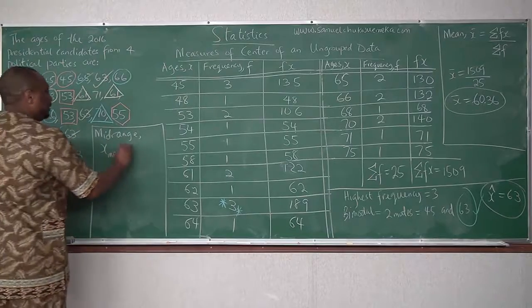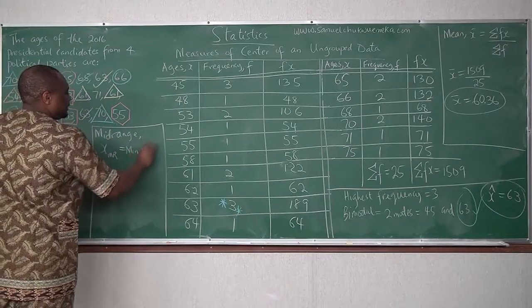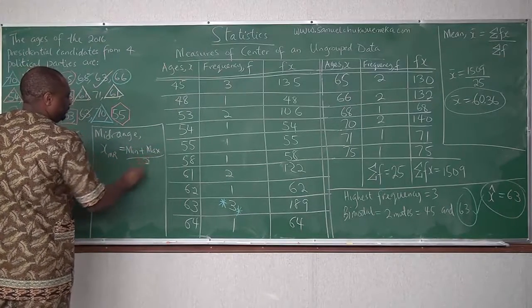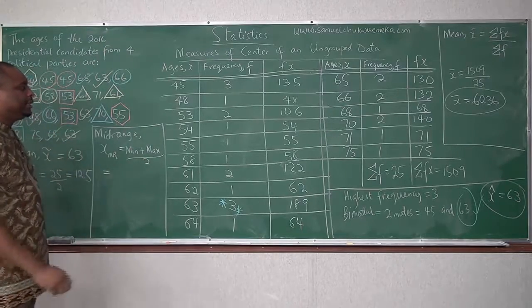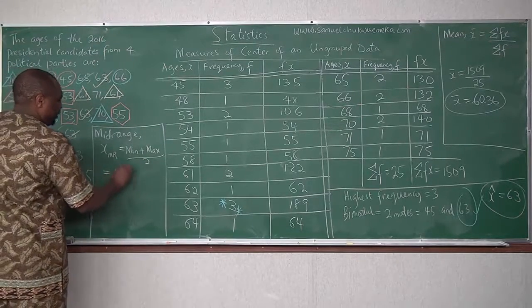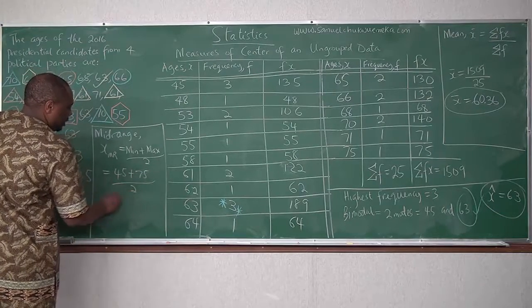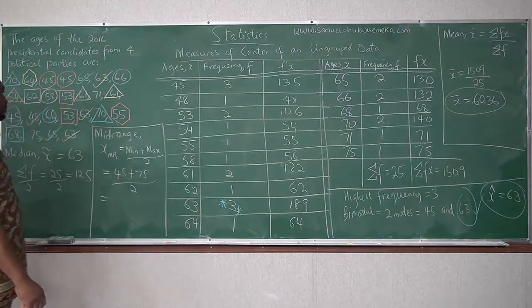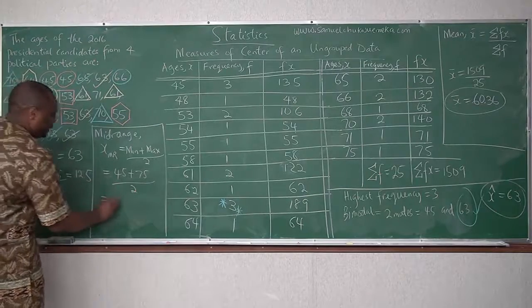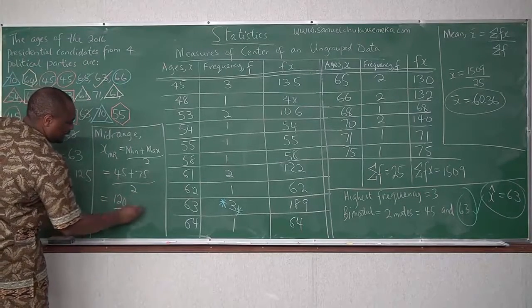So that is 45 plus 75 over 2, which gives you 120 over 2, and that is 60.